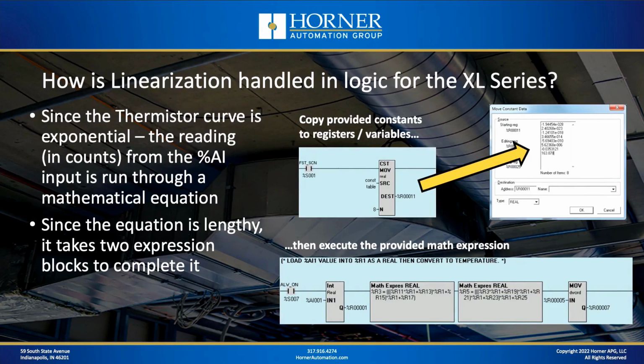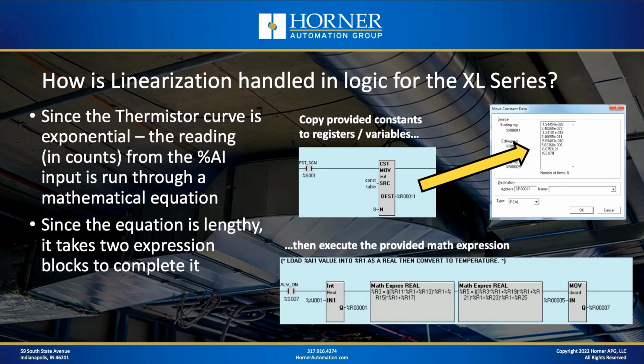Okay, now let's give a little more detail about the process you need to go through when you're linearizing the values that are coming back from your Model 2, Model 3, or Model 4 thermistor option. What do you really need to do as part of the linearization? Well, you're going to take your raw analog input reading coming from the AI channel and run that through an equation.